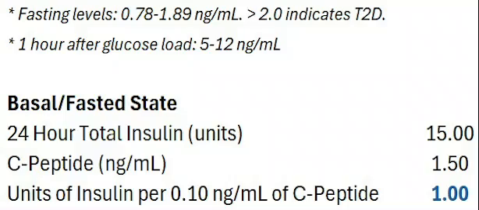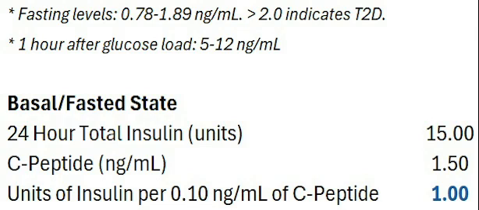And so this first image here, the asterisks at the top are just the normal levels. The first one is the fasting levels of C-peptide. From what I've found online, that 0.78 to 1.89 is really where most people should be in that range, and anything greater than 2.0 might indicate the potential for type 2 diabetes and some insulin resistance.